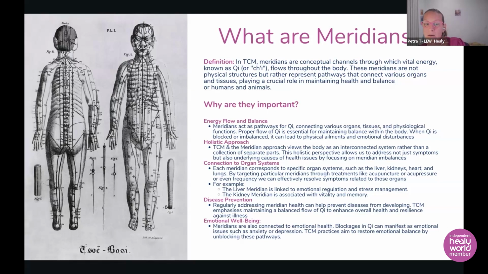And we understand that when we have blockages in those pathways, what we also call imbalances, it can lead to physical ailments, like dis-ease, something that's out of balance. We can also experience emotional and mental disturbances. So it's not only emotions that come up, it's also mental, our perceptions, our thoughts.